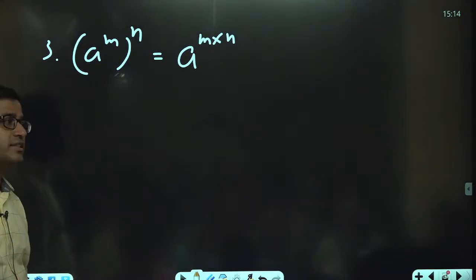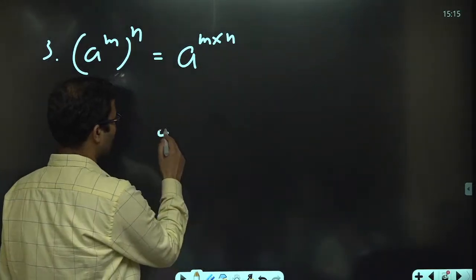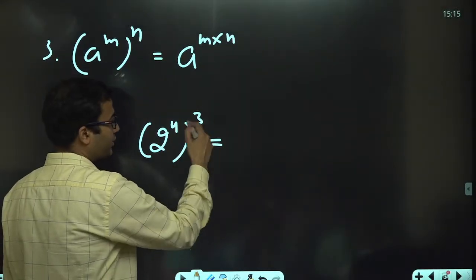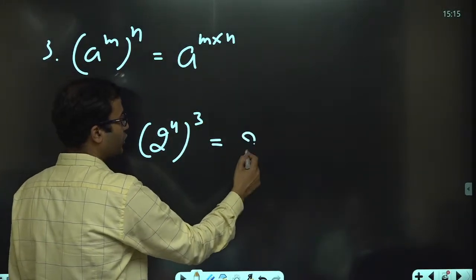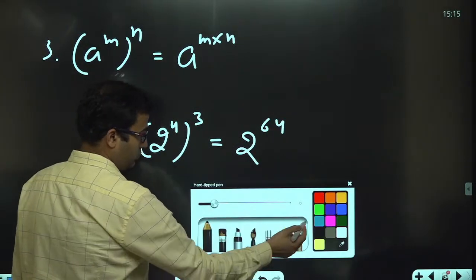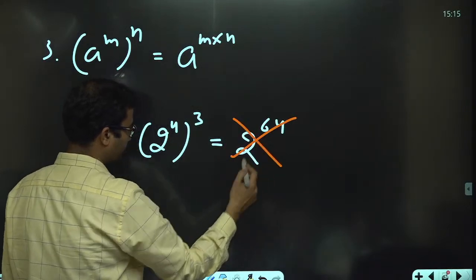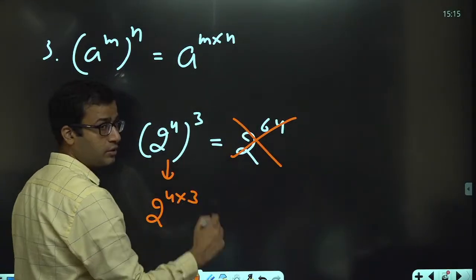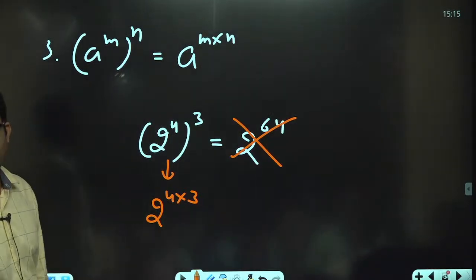Some students I have seen, they make a mistake, like if it is given 2 is to power 4 bracket 3, by mistake they take 4 cube, which is 64. They say it is 2 is to power 64. But this is wrong. It is actually 2 is to power 4 into 3. What is 4 into 3? 12.